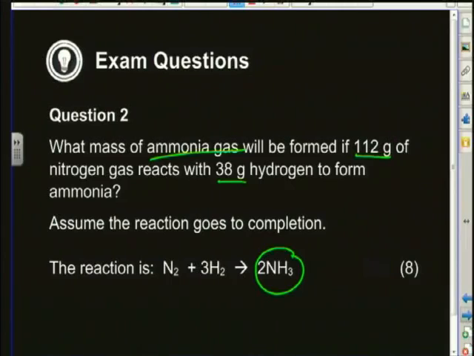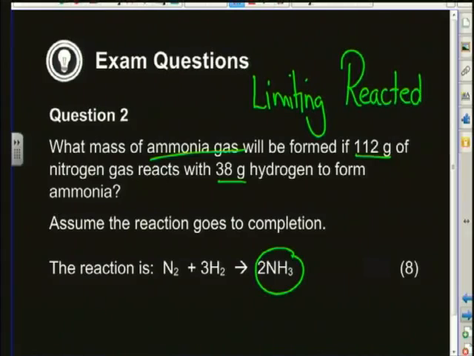That means I'm looking for the concept of limiting reactant. Okay? Out of the nitrogen and the hydrogen, something is going to get used up first. Either the nitrogen or the hydrogen, one of them will get used up first. Whichever one gets used up first, that compound or element in this case is the limiting reactant. We need to work that out.